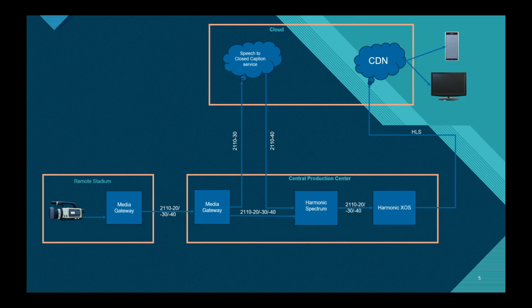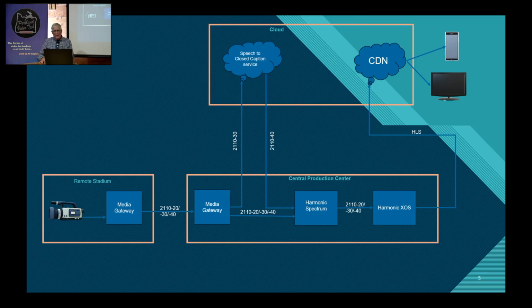This is an overview diagram of what I'm going to describe here, and there are basically three different distinct locations. First of all, you've got the remote venue, the remote stadium that the event is happening at.